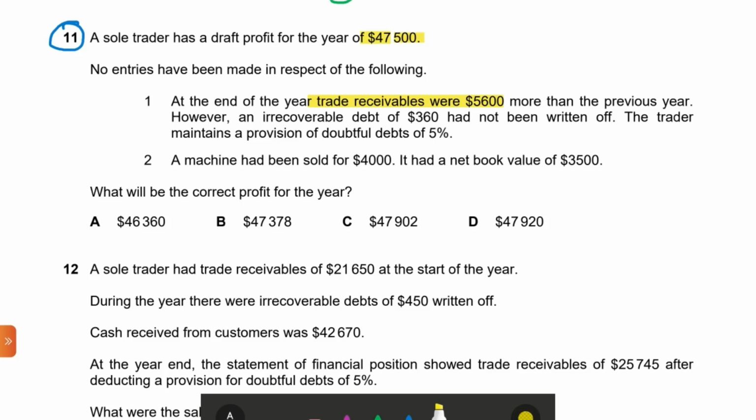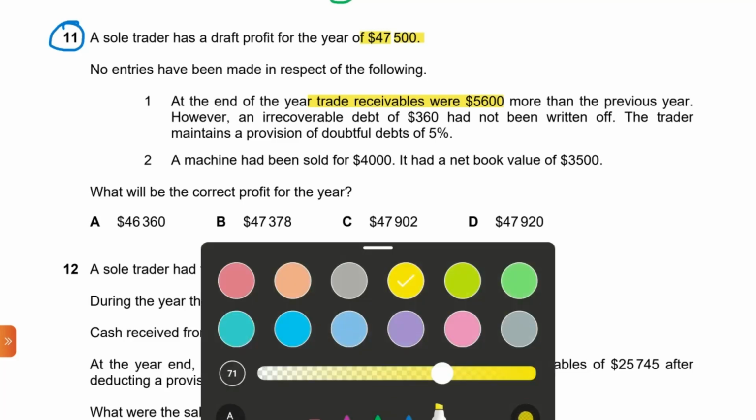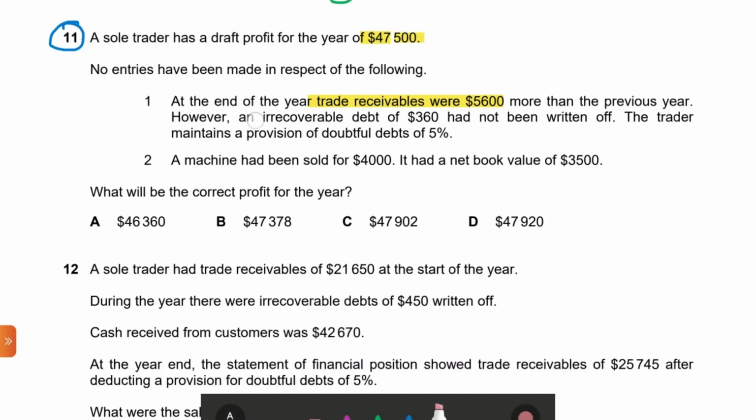However, irrecoverable debt. What is irrecoverable debt? Irrecoverable debt is called bad debt. Bad debt of 3,060 had not been written off. They forgot to write off this amount. The trader maintains a provision for doubtful debts of 6%. That also we have to calculate. A machine had been sold for 4,000.